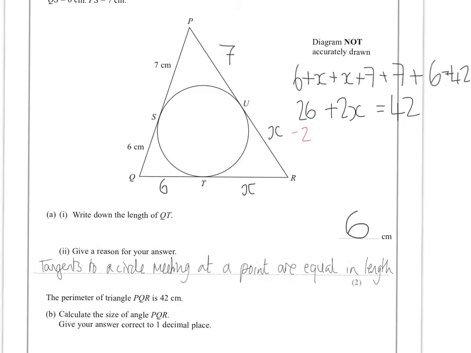Take away 26 from both sides, which leaves me with 2x equals 16, and so x equals 8. So now we know that these lengths here are both 8 centimetres.